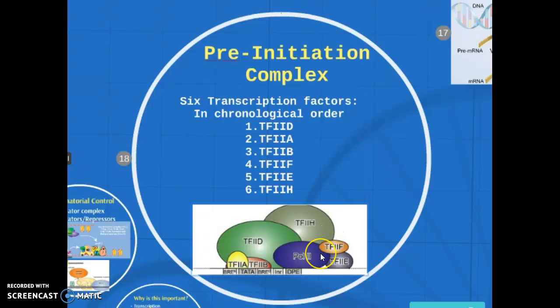TF2E is then brought to the complex, and TF2H stands for TF2 helicase, so it aids in helping transcription, opening up those double strands.